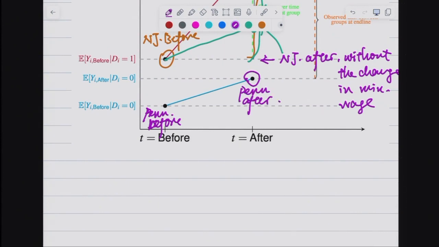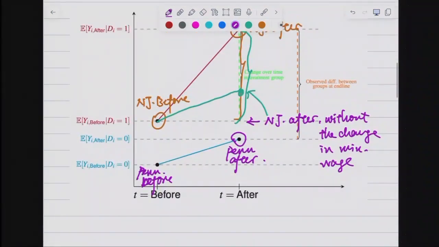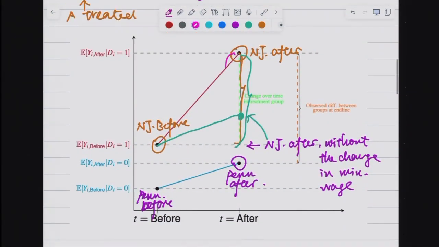And Penn state was not subject to the wage change. But if we simply compare the difference between these two points, which is our usual observed difference between groups at the end line, we know that there might be systematic differences between the two groups apart from the minimum wage difference.